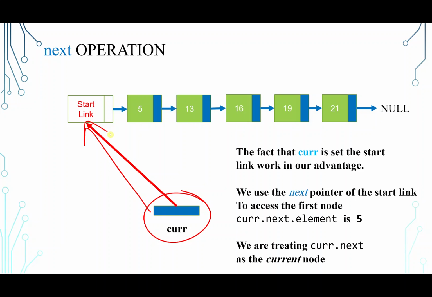Why? Because we can now use the current.next pointer of the start link to access the first node.